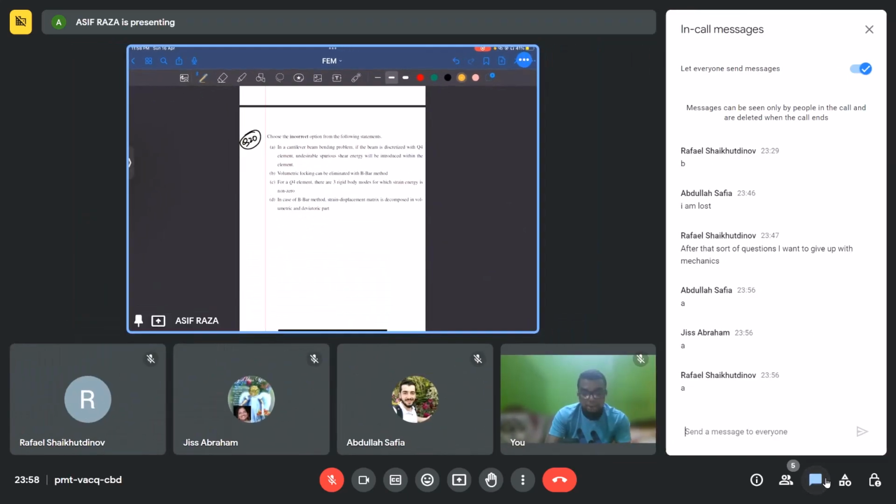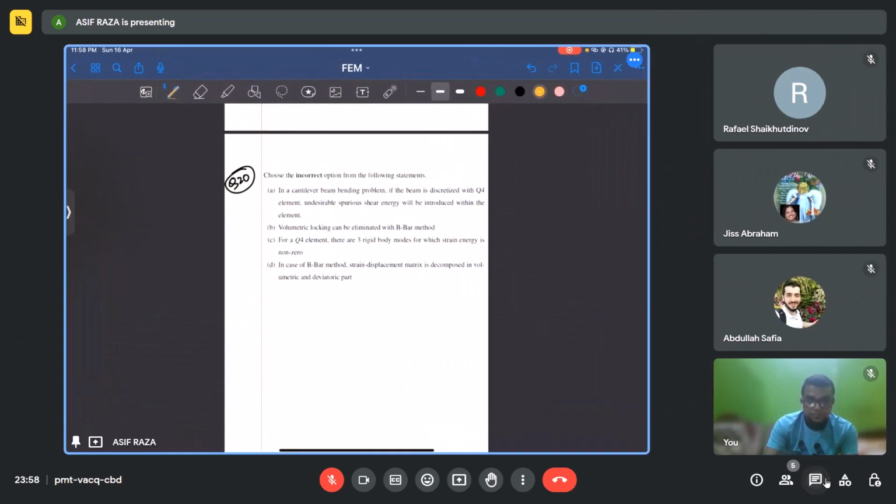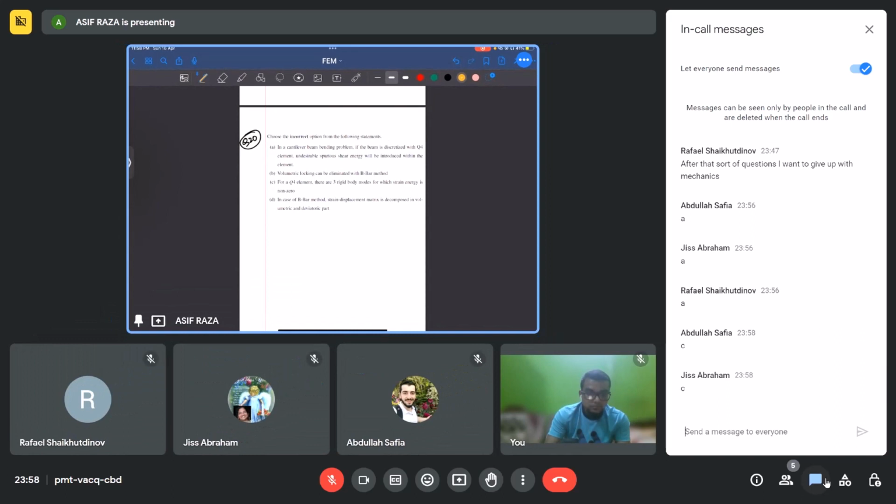So answer. Yeah, everybody has given answer as option C. For this, actually, there are three rigid body modes for which strain energy is zero.